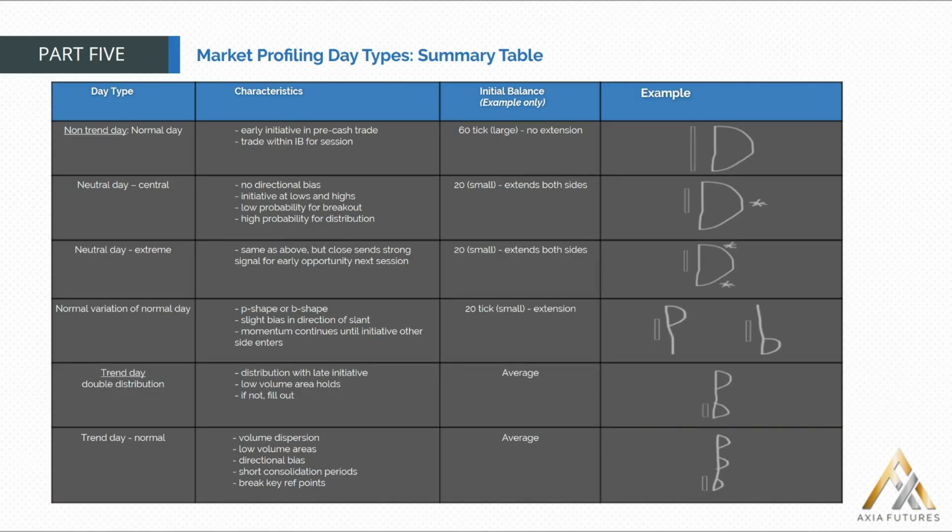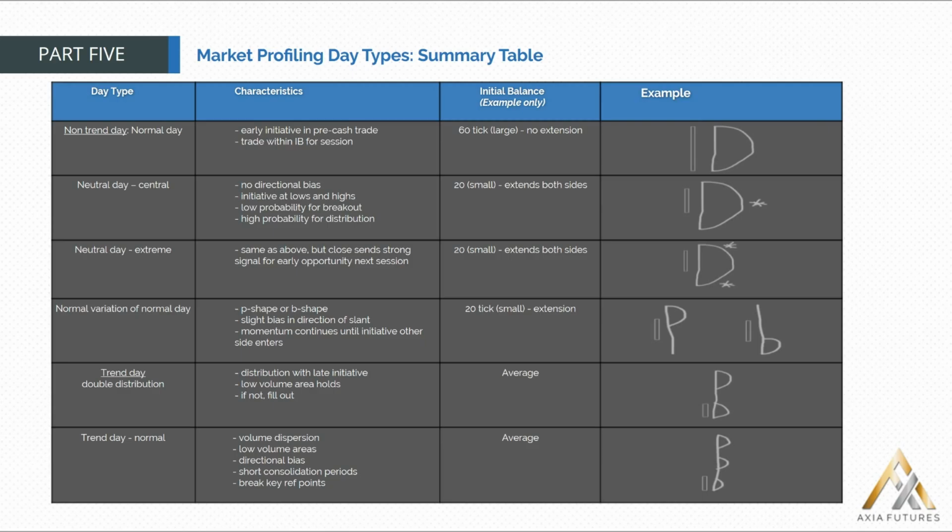So what you have in front of you is a very nice graphic chart and summary of the various day types you can expect to see in the volume profiles. Make a copy of this, print it off, keep it close to your desk, learn these day types off by heart, because if you can identify a day type very early on, it's going to make trading the day ahead far simpler.